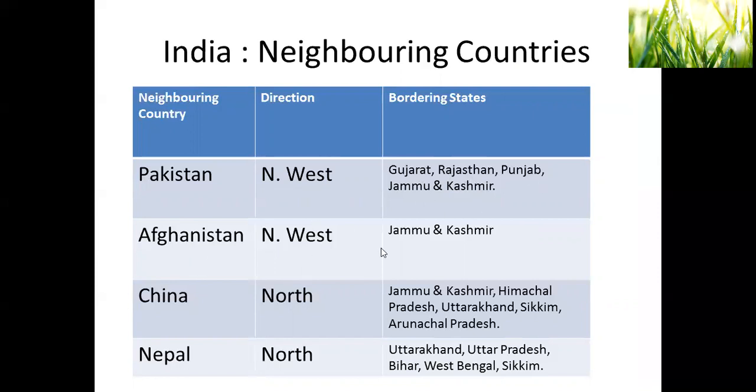Afghanistan is in the northwest, Jammu and Kashmir is the bordering state. China is in the north, and Jammu and Kashmir, Himachal Pradesh, Uttarakhand, Sikkim, Arunachal Pradesh are the bordering states of China. Nepal is in the north again, bordering Uttarakhand, Uttar Pradesh, Bihar, West Bengal, and Sikkim.